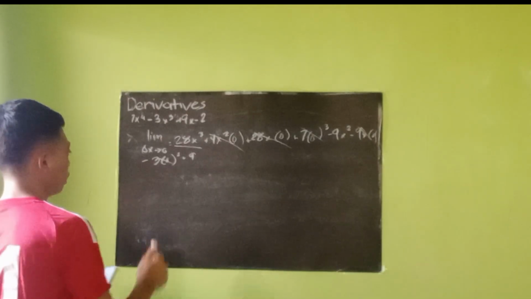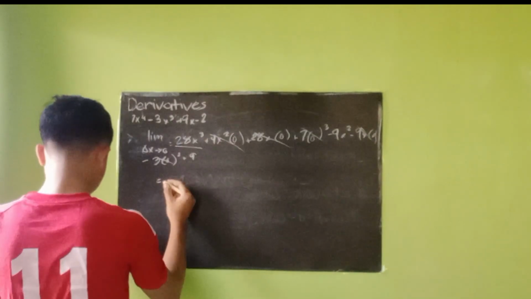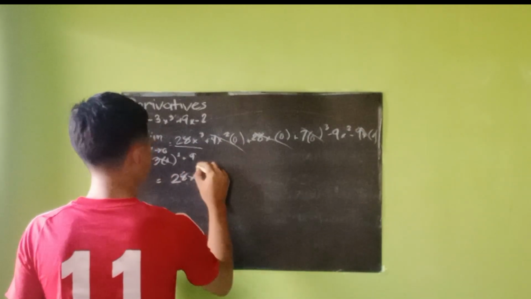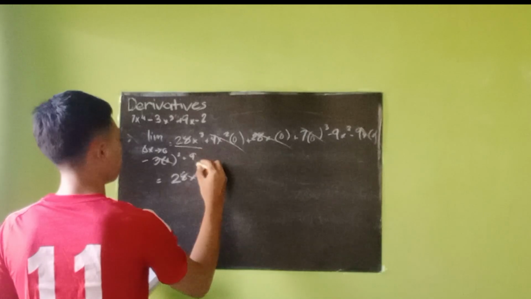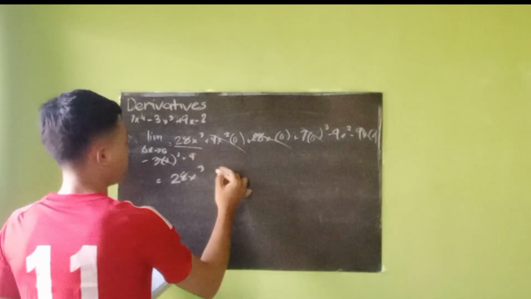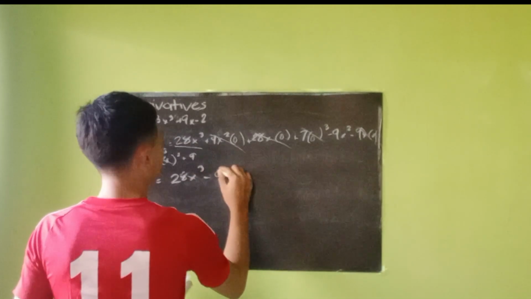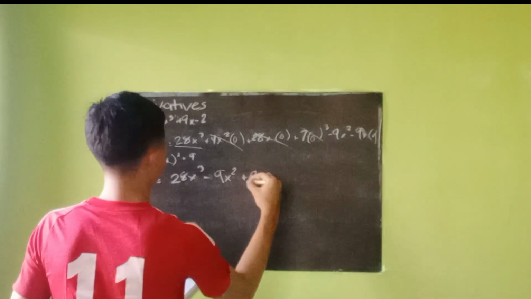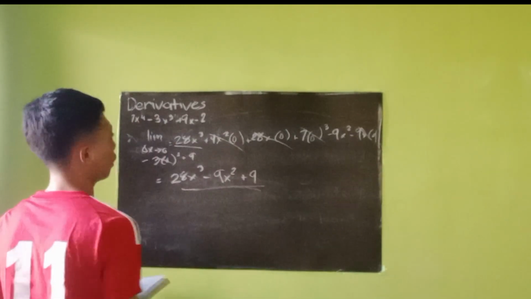So let's rewrite. We have 28x cubed minus 9x squared plus 9. So there is your final answer.